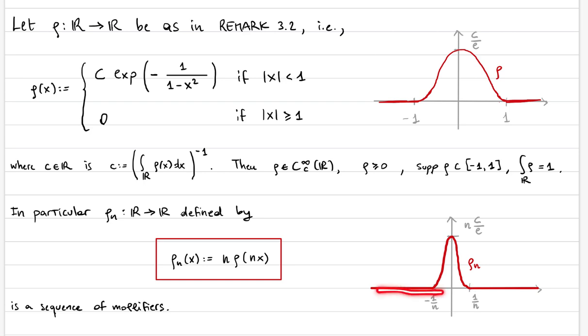On R minus 0, the function is converging to 0 because pointwise, if you're sitting at this point, for example, and you wait long enough, for n sufficiently large, the support of rho n will be inside this smaller interval here, and so your function will be 0. Instead at 0 the function is exploding: if you evaluate rho n at 0 you get this value, which goes to plus infinity as n goes to plus infinity.